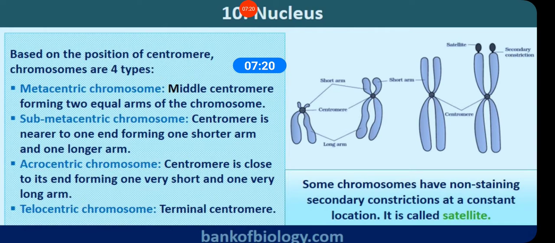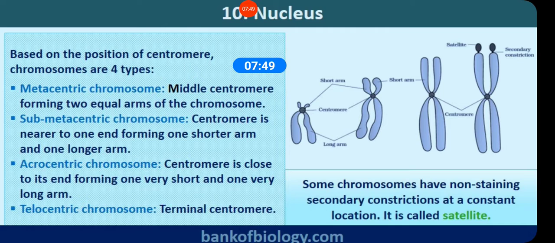Then coming to acrocentric. It forms one extremely short and one very long arm. So the centromere moves a little more toward the pole. Telocentric has a terminal centromere, that is, the centromere is placed at an extreme end, and telocentric chromosomes are not present in humans. Please mind it.